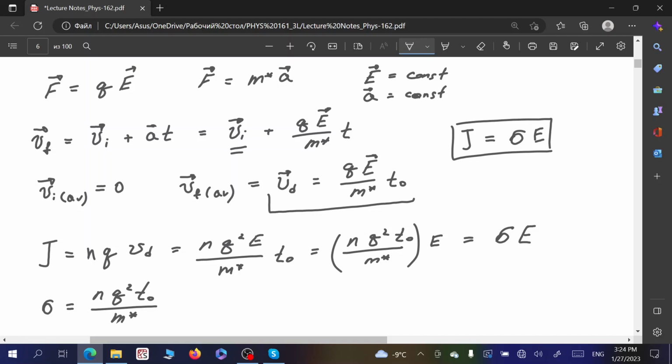Yes, sigma, specific electrical conductivity. We can also write the specific electrical resistance. That is 1 over sigma, and that will be m star over n q squared t naught.